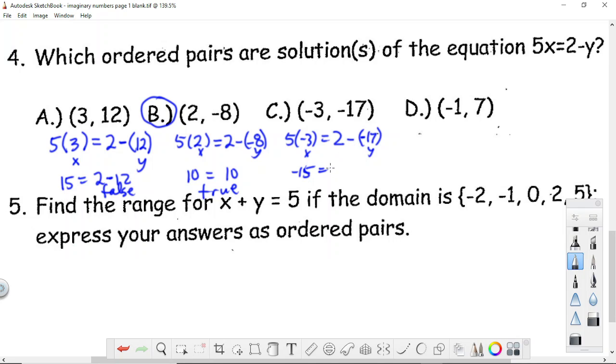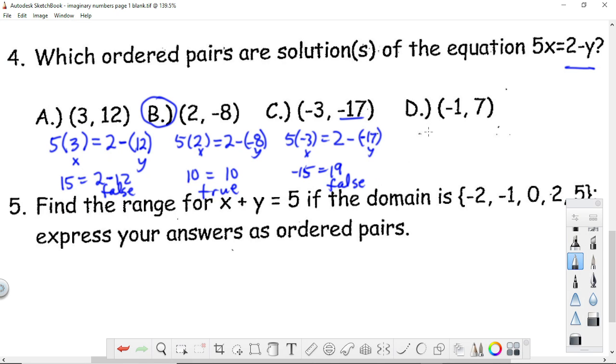That's 2 plus 17. That's 19. So be careful. If you see the 2 and the 17, you may think, oh, I think that's going to work. 2 minus 17 is 15. Yes, 2 minus 17 is 15, but that's not the calculation this time, right? This says 2 minus y, and y is -17. So we're taking 2 minus -17, that's 2 plus 17, that's 19, and that one is false.